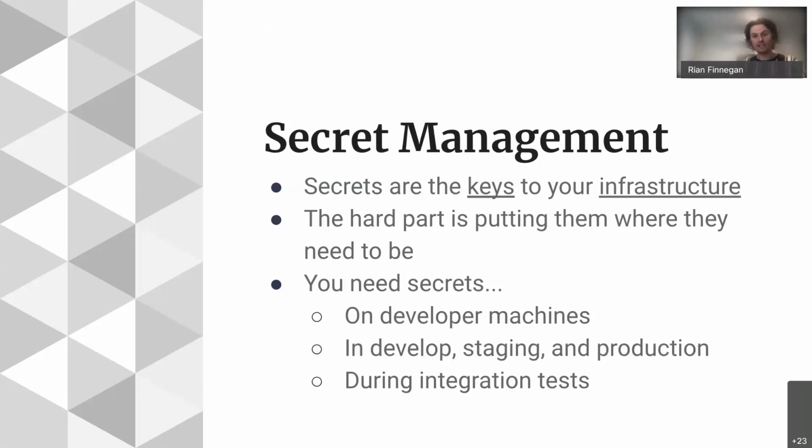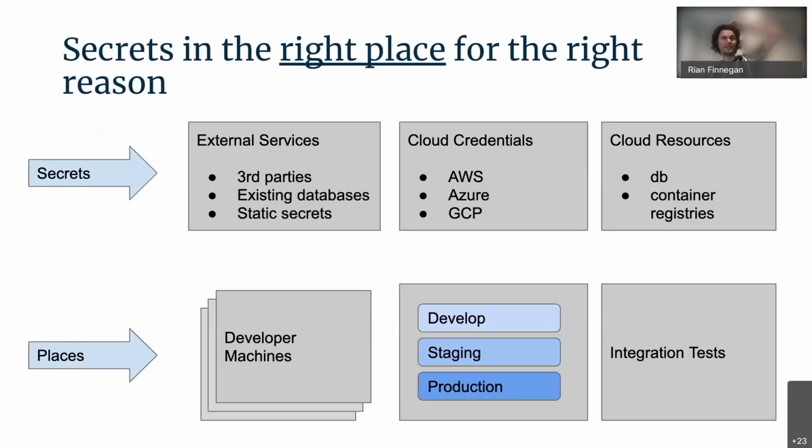And the last place you're going to need your secrets is during integration tests. So how do you make sure that they get where they've got to go? Diagrammatically, we can think about it like this. We've got secrets that get generated in a bunch of places. Maybe they're existing third parties that we're using. So maybe we're using SendGrid.